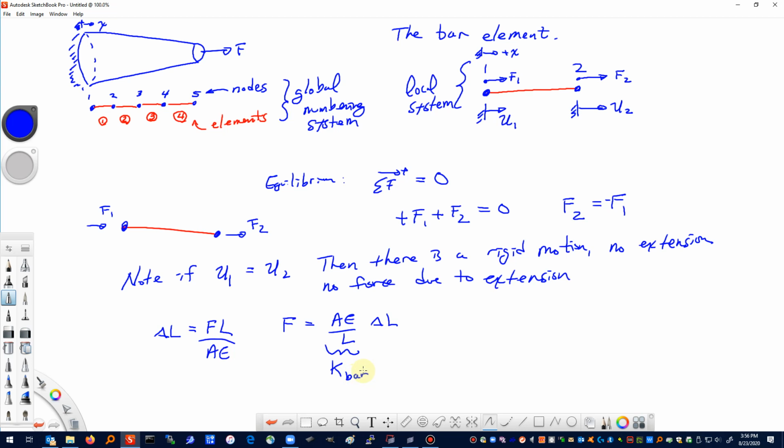But right now we'll just leave them as that symbol. F is equal to K times delta L.